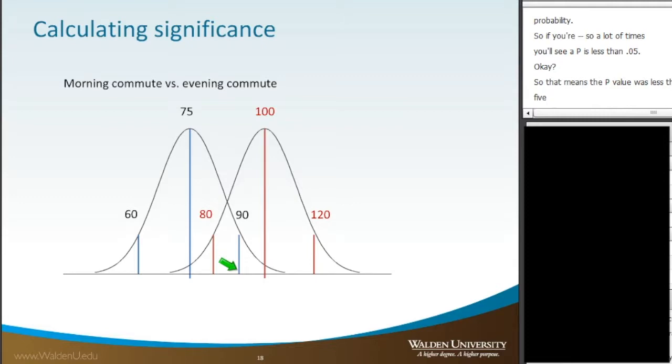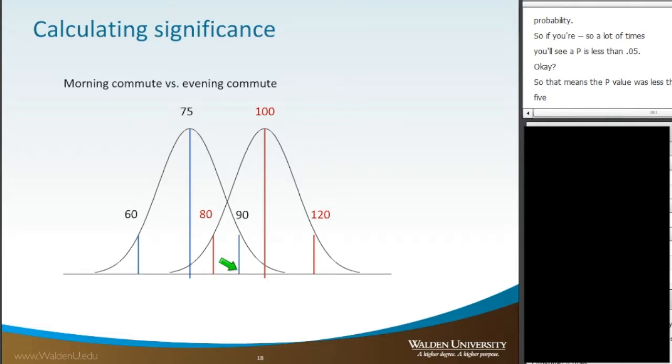I saw a question too about the alpha of 0.05 and 0.01. The standard in social science research, which many of us are doing, is 0.05. There may be examples where you need to have a smaller alpha, so instead of 5%, maybe 1%.